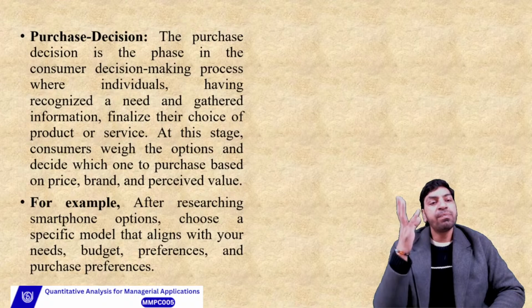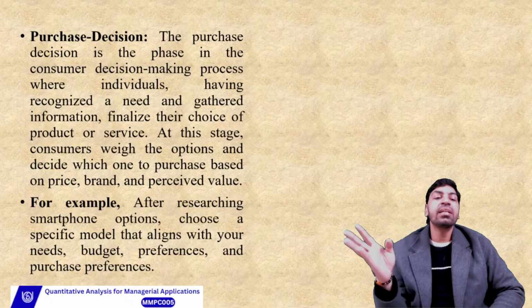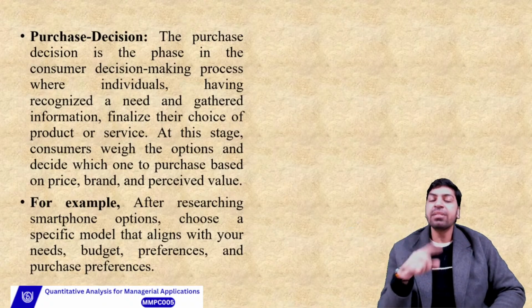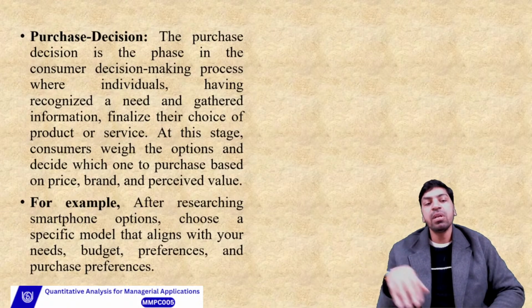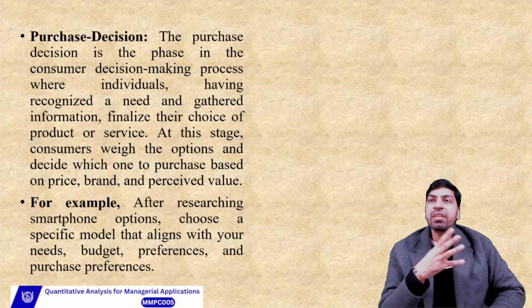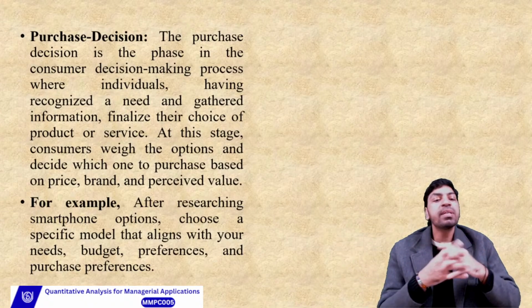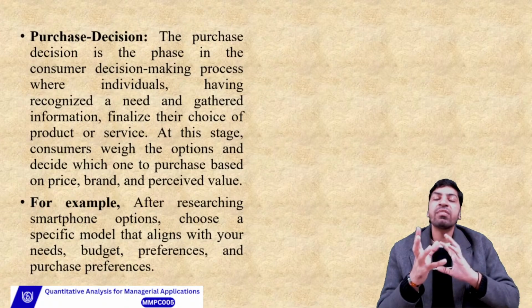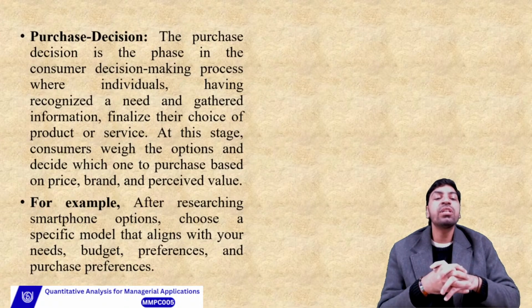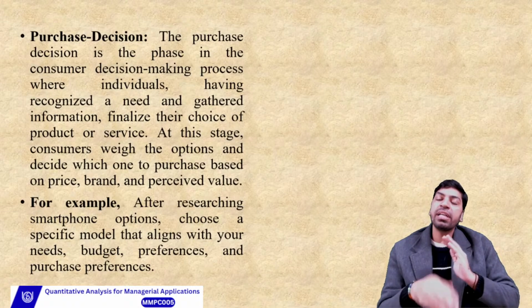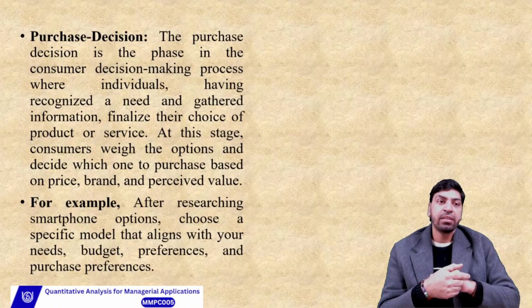The option which is best suited, they will purchase, based on various parameters like price, brand, and perceived value. For example, after researching smartphone options, they can choose a specific model which fits their needs, budget, and preferences, and the purchase preferences as well, and accordingly the decision can be taken.